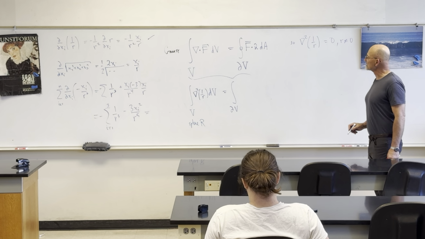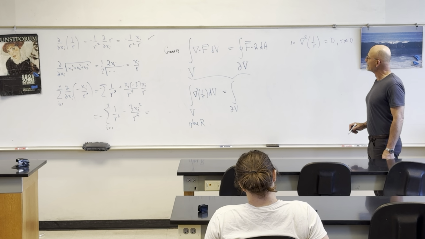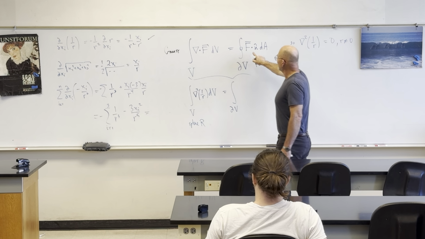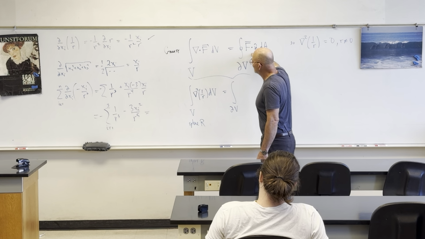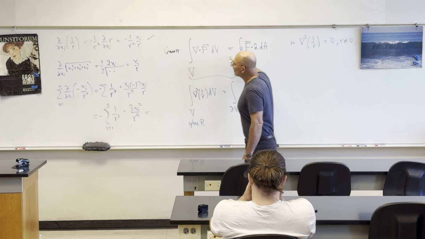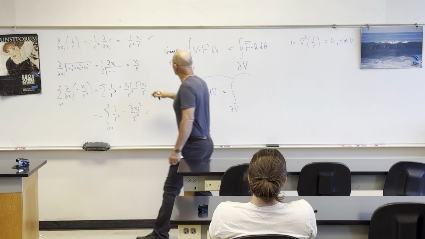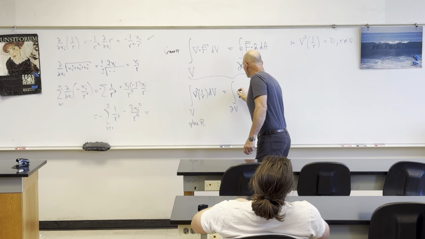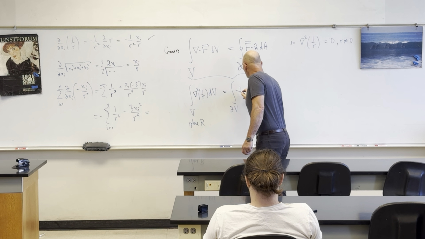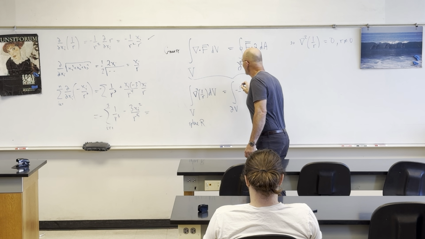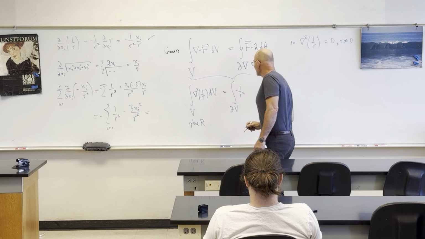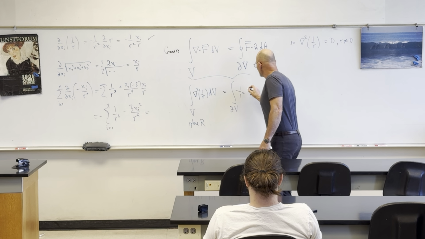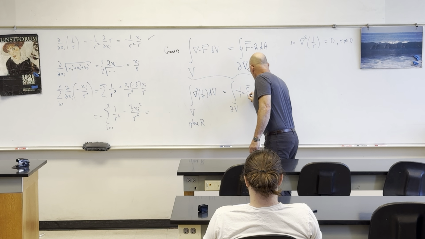But what do we have for the flux integral? So f was the gradient of 1 over r, which was this thing right here. So this was the minus 1 over r squared, vector r over r.